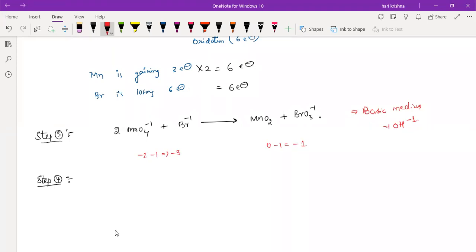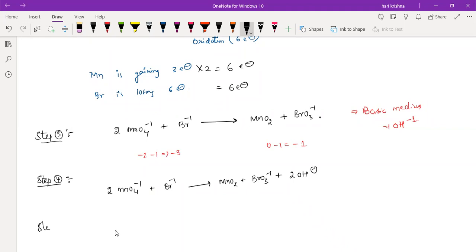Now tell me which side we have to add the OH minus to make the overall charges equal. Sir, on the product side. If you add the OH minus on the product side only, both will become equal, right? So it will form MnO2 plus BrO3 minus 1 plus, how many OH do you have to add here? 2 OH minus. Very good.